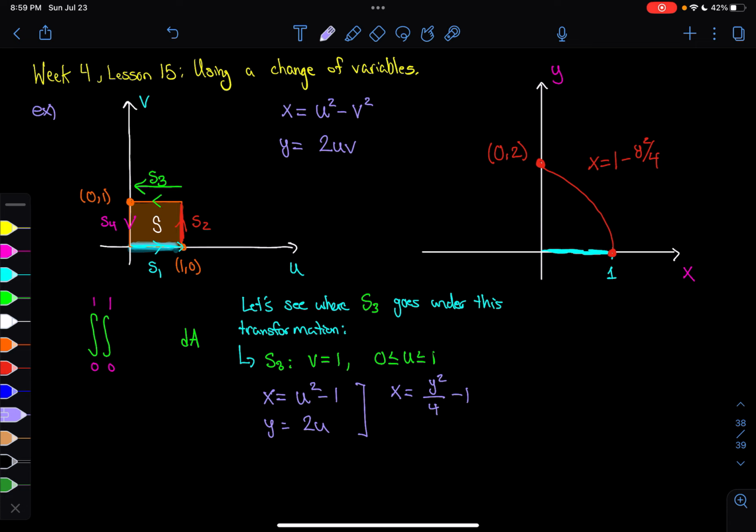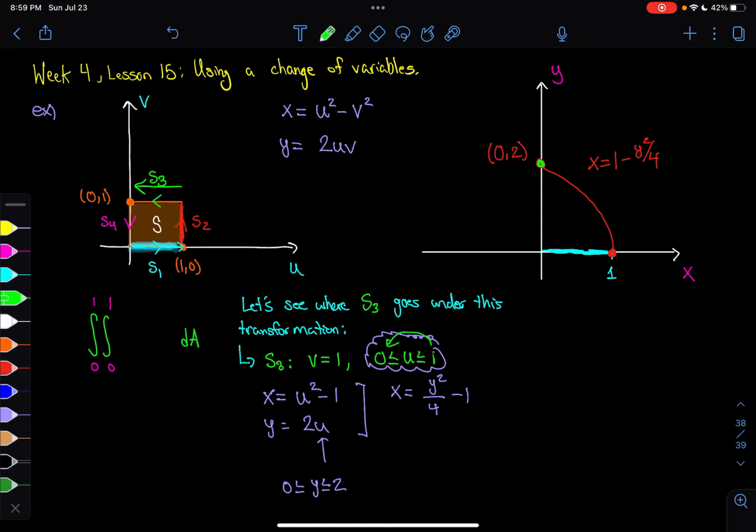the parameter u. We're going to pay very close attention to the fact that u goes from 0 to 1, which again is going to make our y value go from 0 to 2. But remember that even though I keep saying u goes from 0 to 1, what we're actually doing is u is going from 1 to 0, so y is going from up here at 2 down to 0.